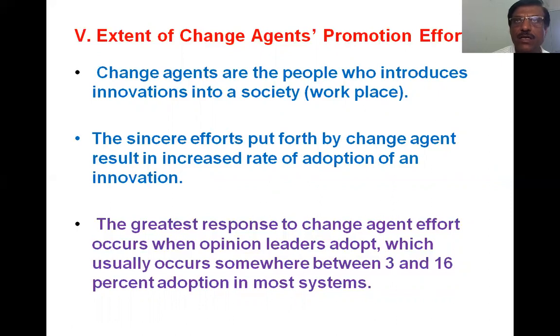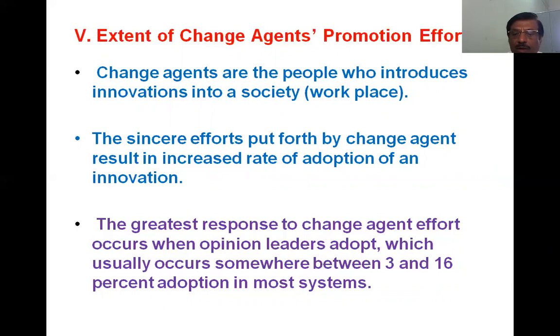The extension worker should make efforts to get the opinion leaders to adopt the innovation. This usually occurs somewhere between 3 to 16%. The first 2% are innovators, and then the 3 to 16% are opinion leaders.